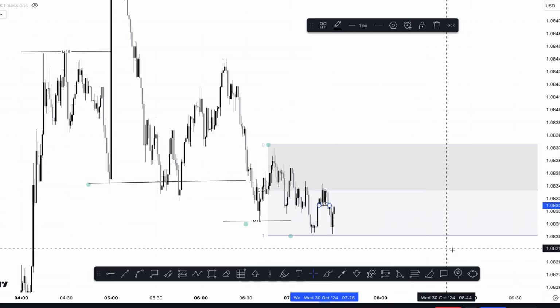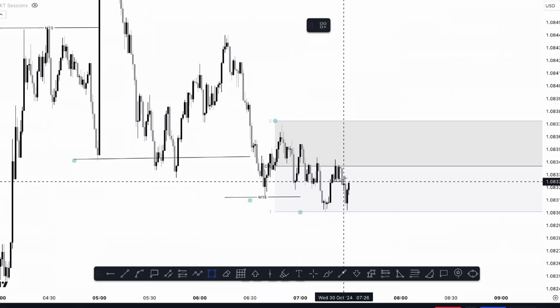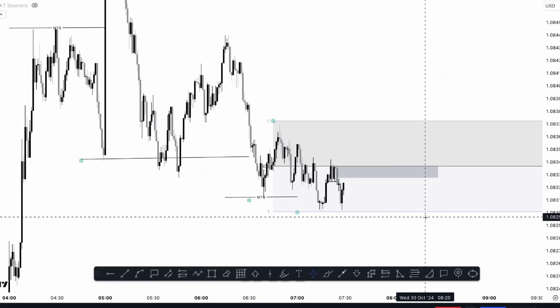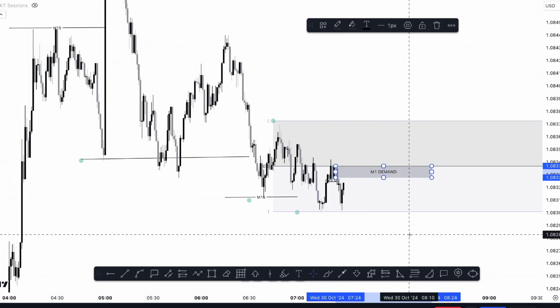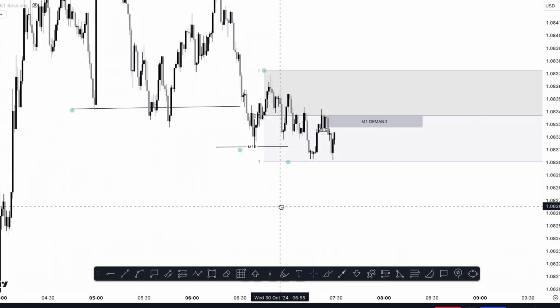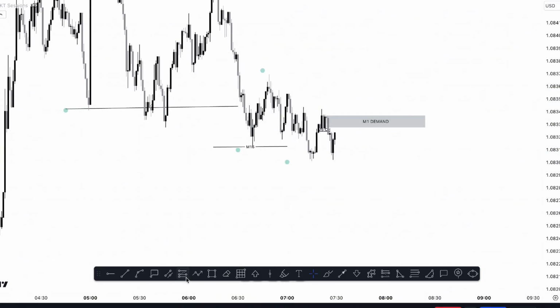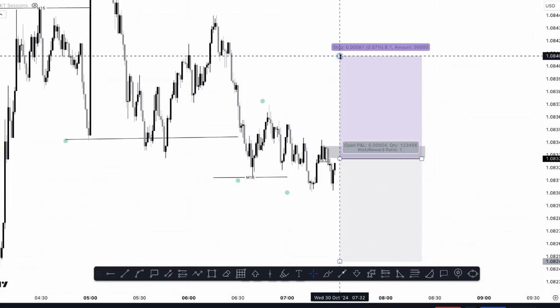M1 change of character, and I marked here as my demand zone, M1 demand zone. But what happened this morning, I eventually missed this entry right here because I was monitoring.